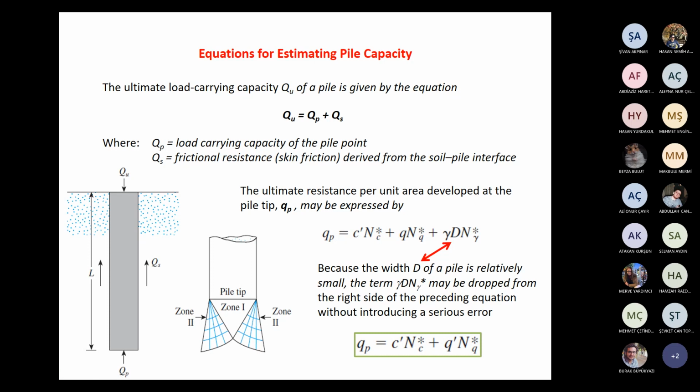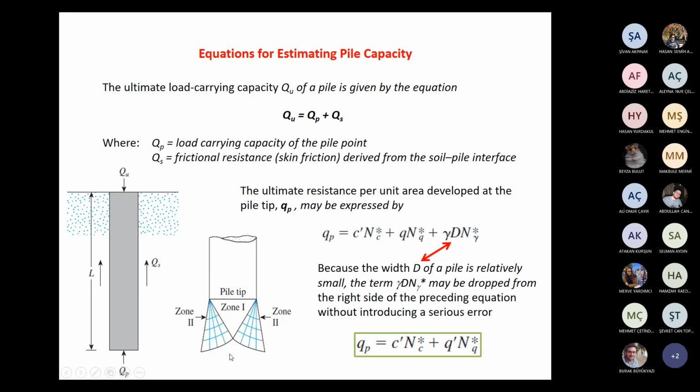The ultimate resistance per unit area developed at the pile tip is Q sub P. Of course, Q sub P should depend on soil properties.